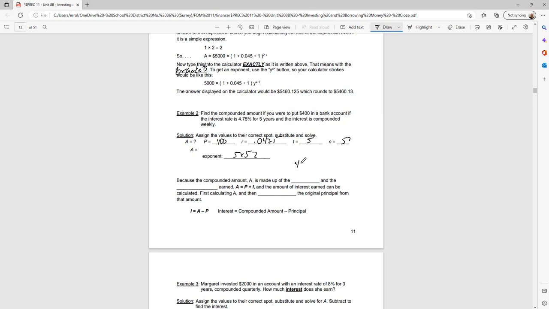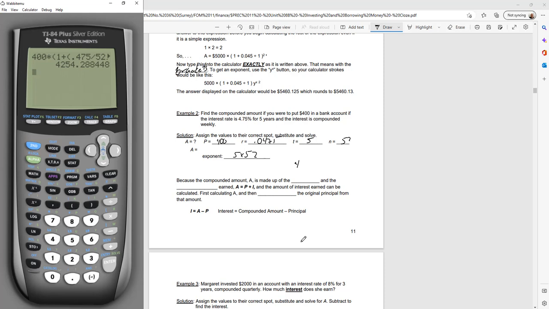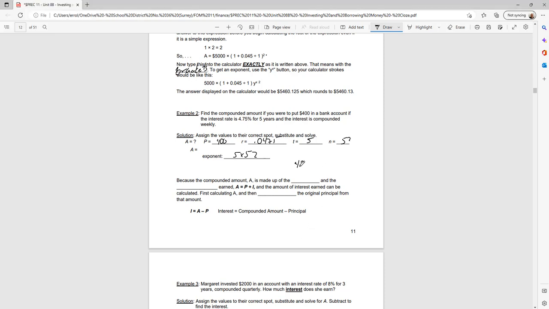Okay, let me just make sure you see that. 4,254.29. Because the compound amount A is made up of the principal and the interest earned. A is equal to P plus I. The amount of interest earned can be calculated first by calculating A and then subtracting the original amount.